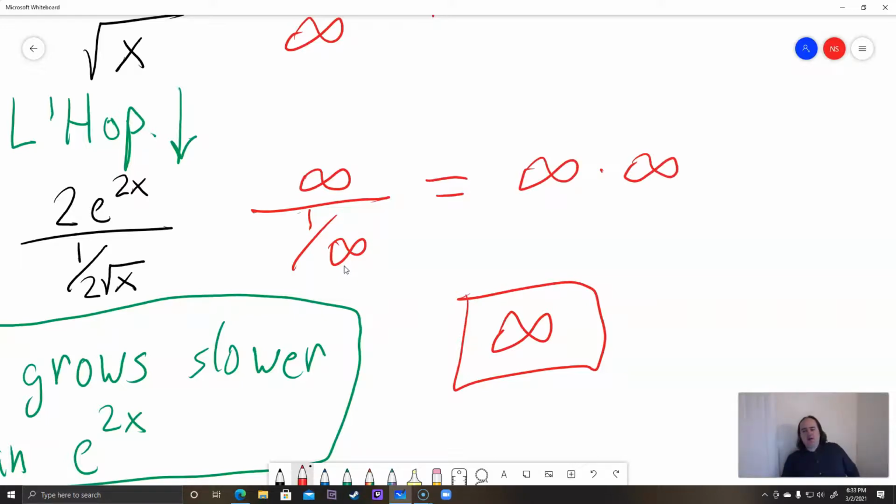So if infinity over 0 makes you uncomfortable, you can think of it as just taking the reciprocal of 1 over infinity, because dividing by a fraction is the same as multiplying by the reciprocal. So that just becomes infinity times infinity, which is infinity. Okay?